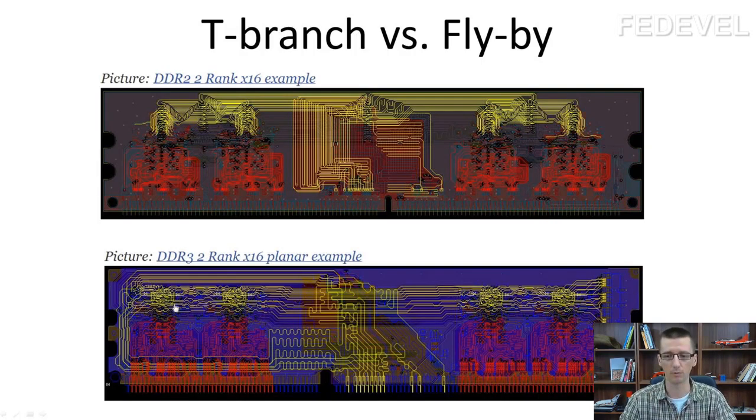They are two, one on the top, one on the bottom, and then they all go to the second memory chips. Then they go all to the third memory chips, 4 memory chips, and termination resistors. It's very important to know when to use T-branch and when flyby topology.